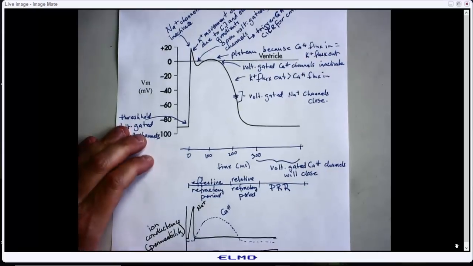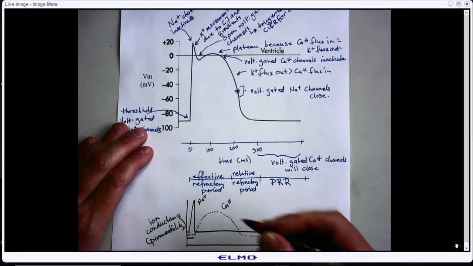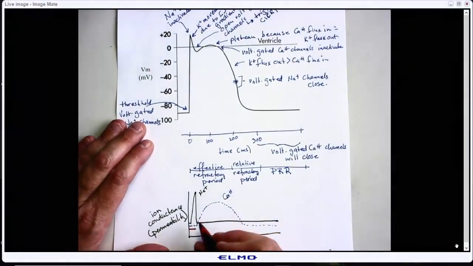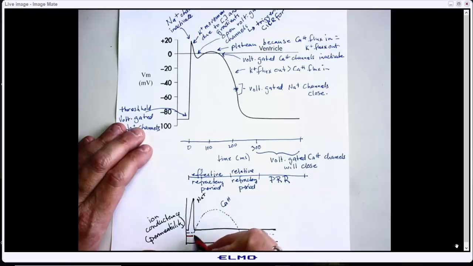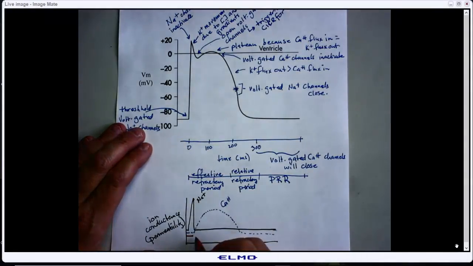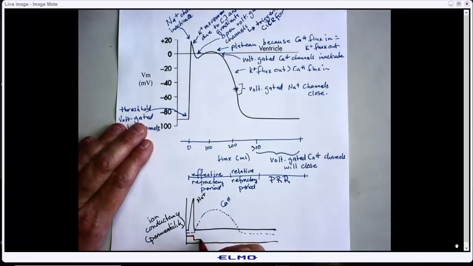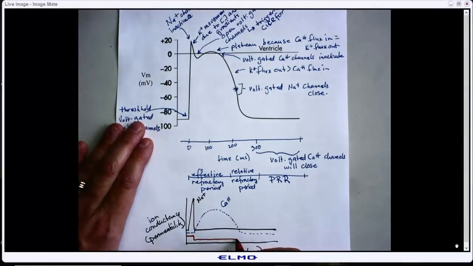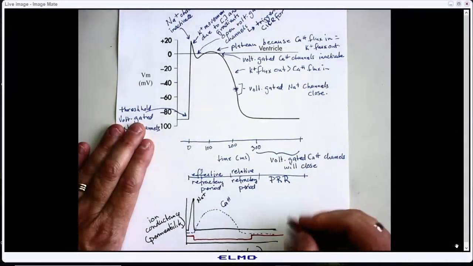So if we looked at what the permeability to potassium was over time, once we start to see potassium movement out just due to its concentration gradient and its electrical gradient, there are channels that we close so that we have a lower permeability to potassium. And then when the membrane potential is back to normal, the permeability goes back to normal.